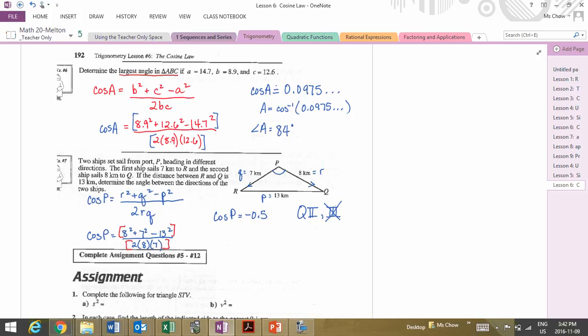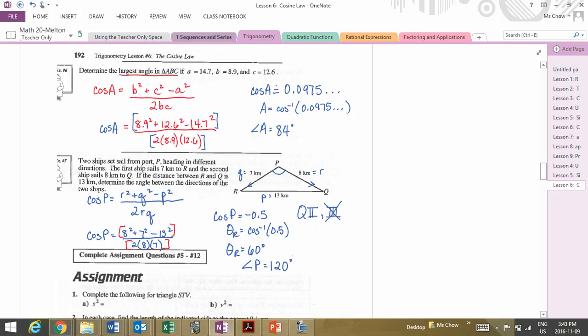So if we want to stay consistent to what we've been doing, then we know that the reference angle can be found by doing the inverse cosine of the positive, or the absolute value of 0.5. So our reference angle is going to be 60 degrees. Because it's in quadrant 2, then angle P is going to equal 120 degrees then.